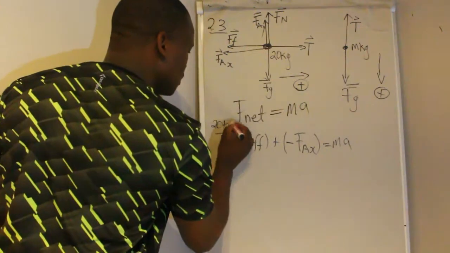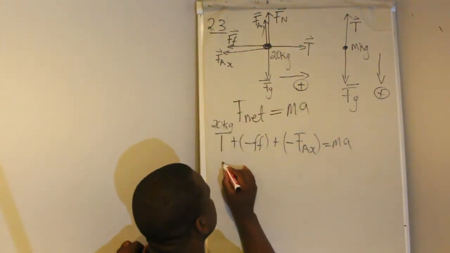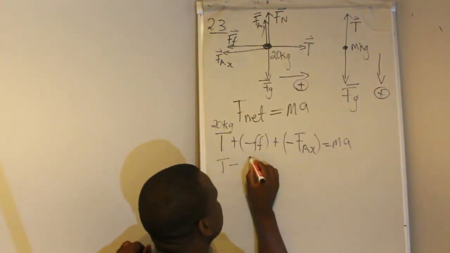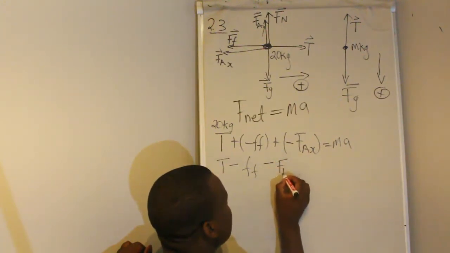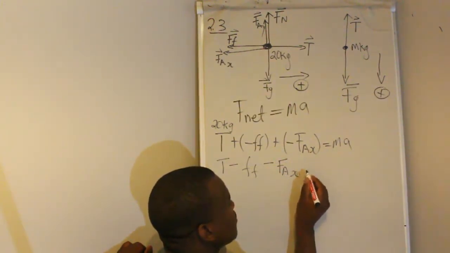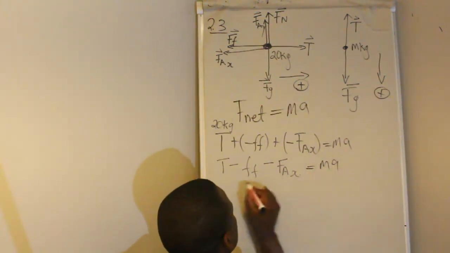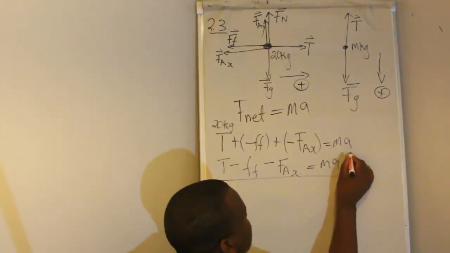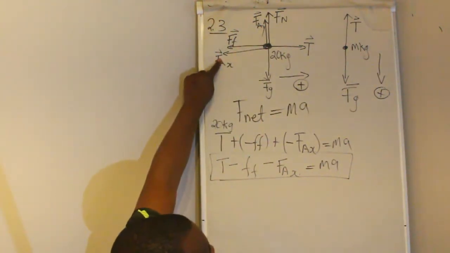To simplify it, T minus frictional force minus FA in the x direction, which is horizontal, is equal to MA. So this is the equation for the net force for the 20 kg block.